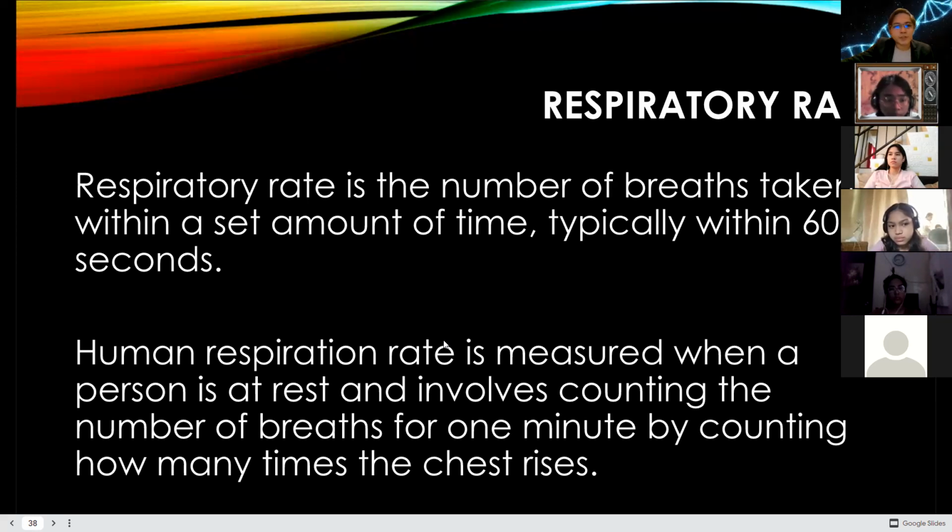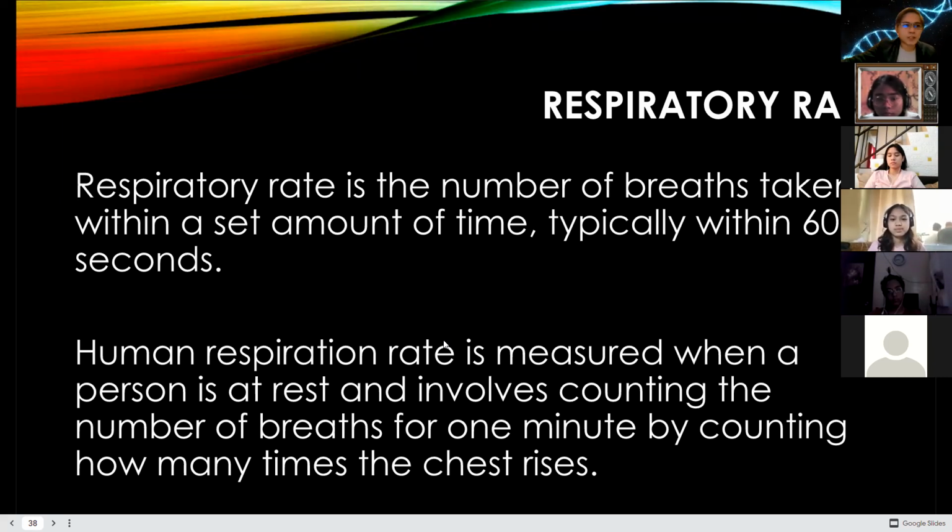Human respiration rate is measured when a person is at rest and involves counting the number of breaths in 1 minute by counting how many times the chest rises. So this is how we count the respiratory rate or RR.